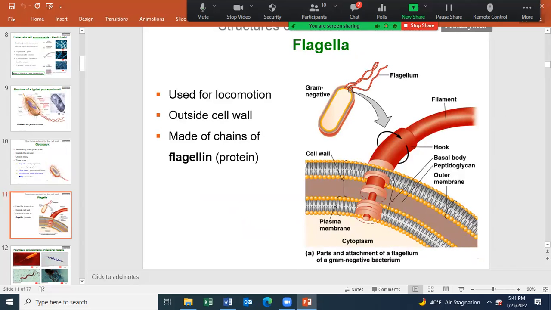Flagella are used by the cell for locomotion. And so if the cell can swim in a liquid culture or a culture that is similar to a liquid culture, bacteria have flagella because that's the only way that they can move. The flagella is largely outside the cell wall. Meaning here's the flagella outside the cell wall, but there's a small portion of it.